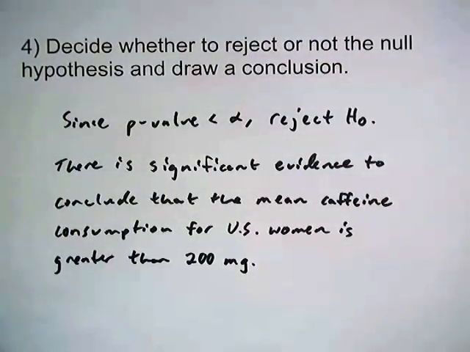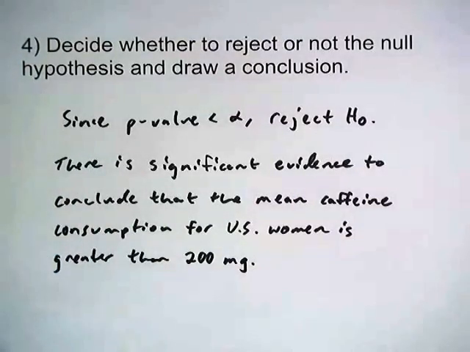Okay, so since the p-value is less than alpha, reject the null hypothesis, then being able to say there is significant evidence to conclude that the mean caffeine consumption for U.S. women is greater than 200.